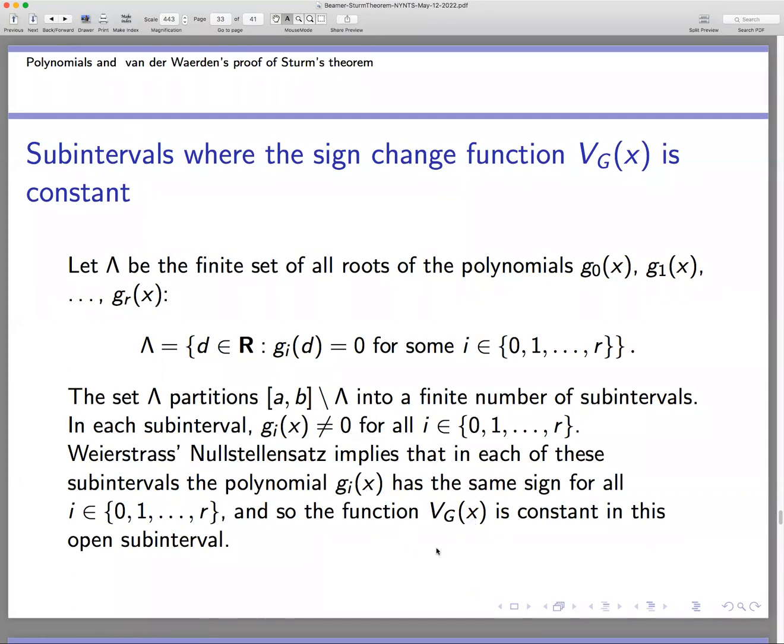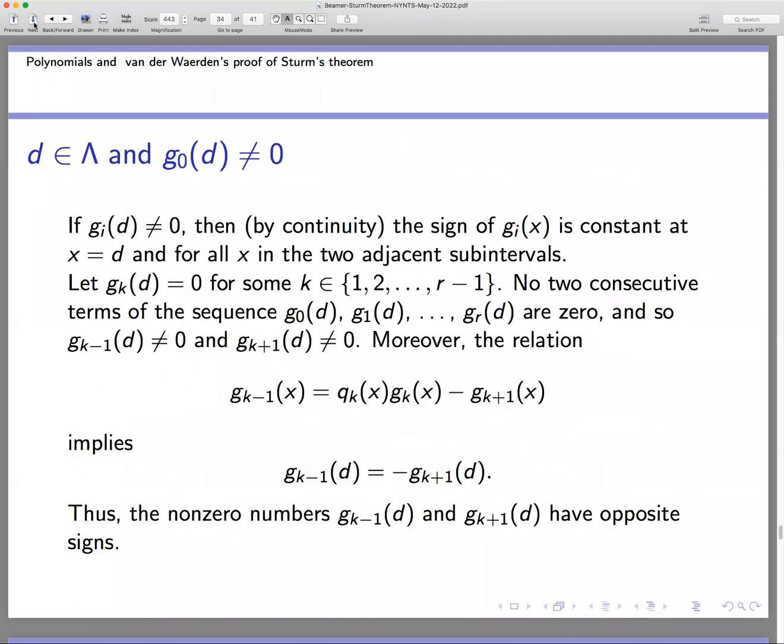So the only time this variation of signs function might change is when you cross a d, which is the root of one or more of these polynomials. It can change, but it might not. The only possible change is when you pass through a root of one of the polynomials.